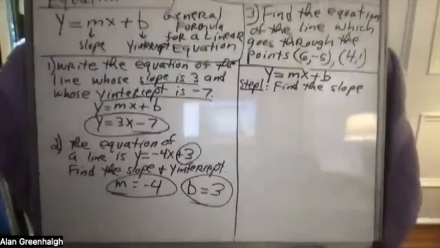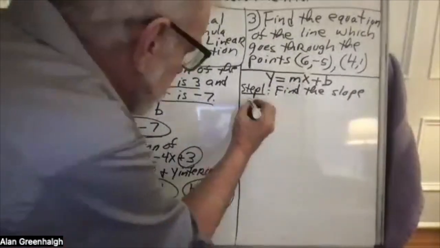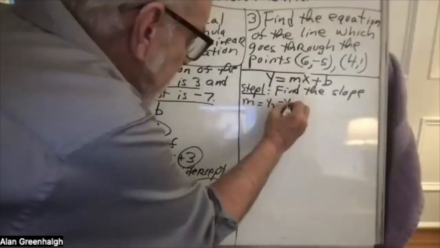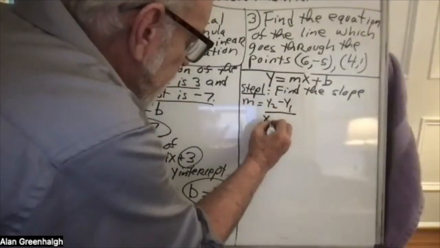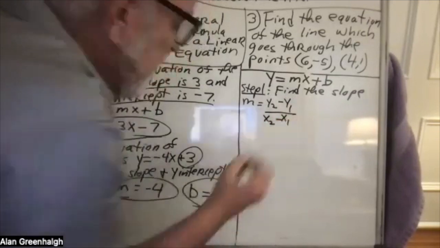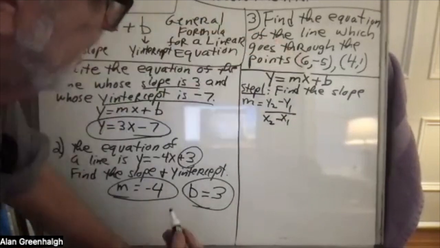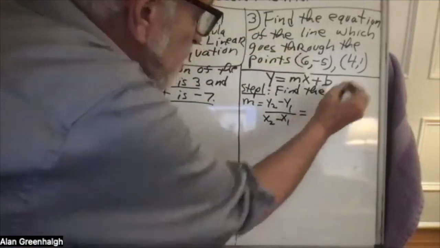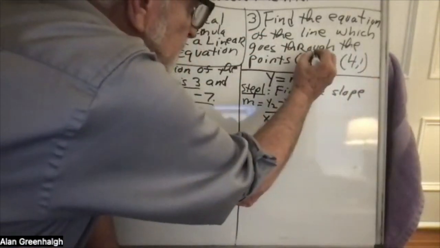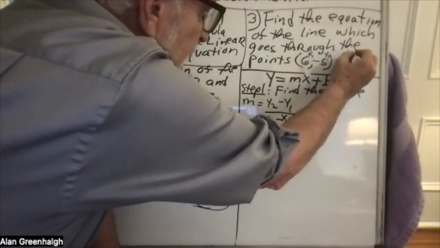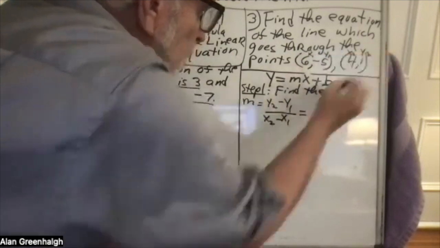So that's the formula that we're going to use. So the slope is equal to y2 minus y1 over x2 minus x1. And here are our 2 points right here. So that will be equal to, and you could label them x1, y1, x2, y2.